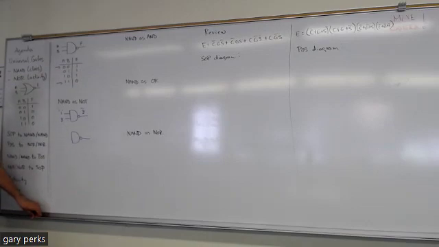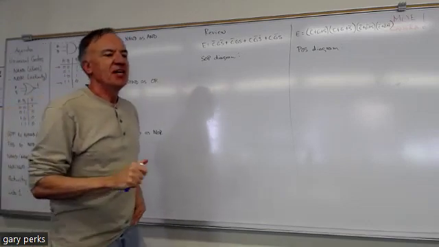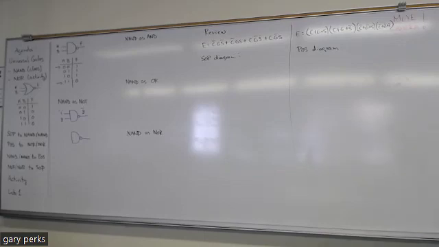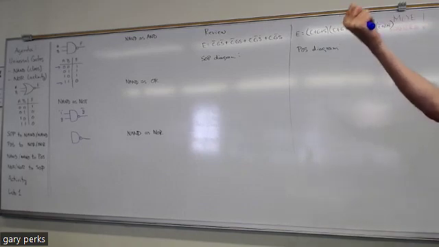Now, how many people have had circuits? Okay, most people. If you've had circuits, remember the 1s and 0s are just voltages. Ideally a 0 is 0 volts, ideally a 1 is like plus 5 volts. If you want to make 2 nodes in a circuit the same voltage, a node over here and a different node over here, remember, nodes are connections.